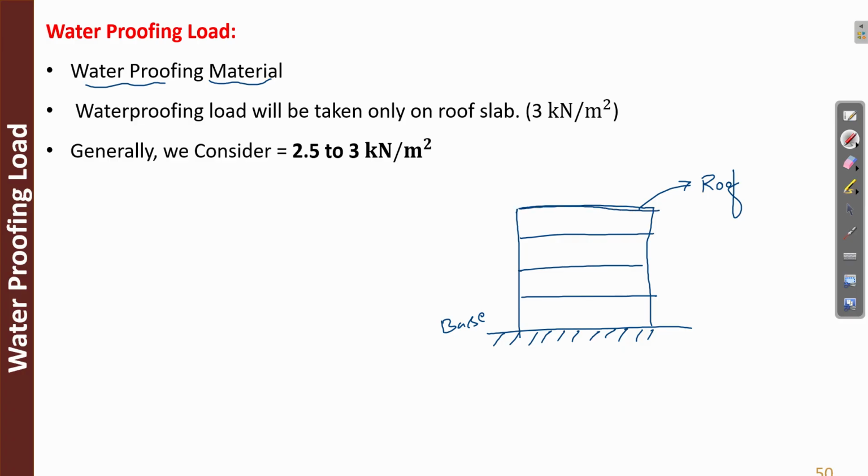On this floor only, you will be providing waterproofing, of 2.5 to 3 kilonewton per meter square. So waterproofing load will be taken only on the roof slab, not on the floor slabs, because these slabs are not exposed to rain.